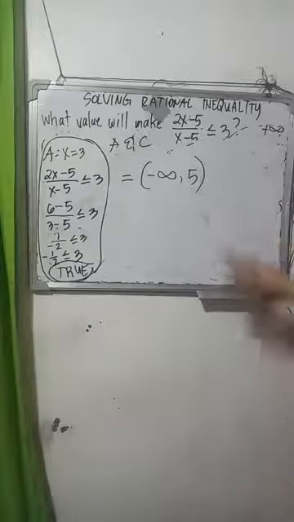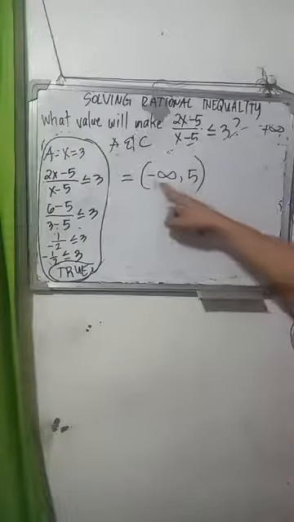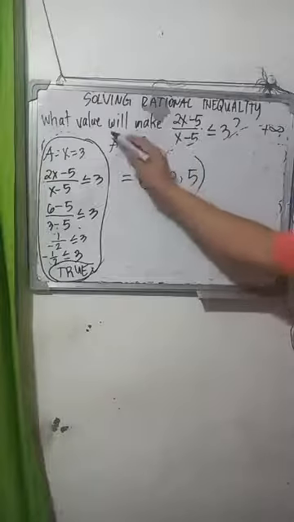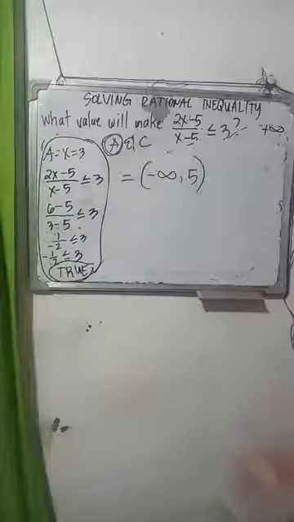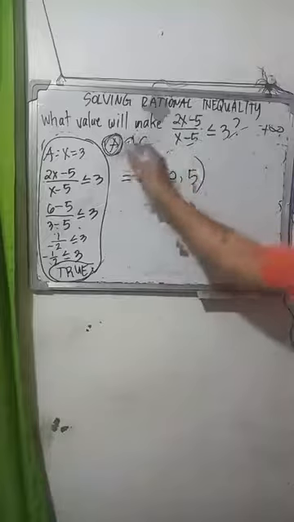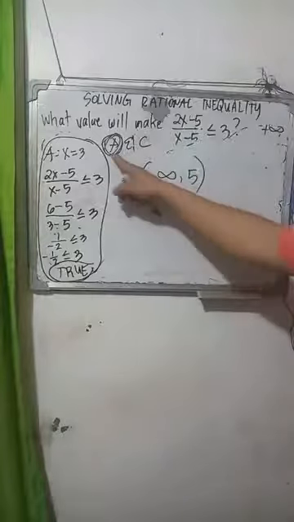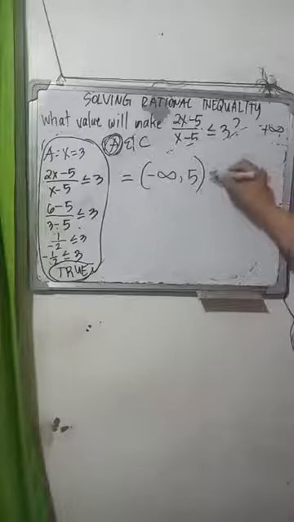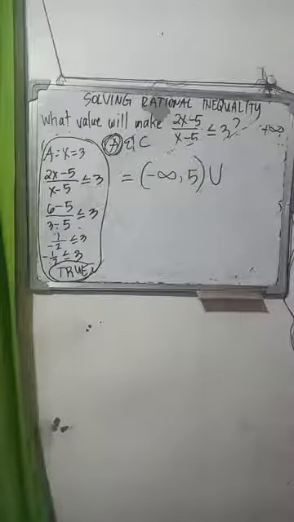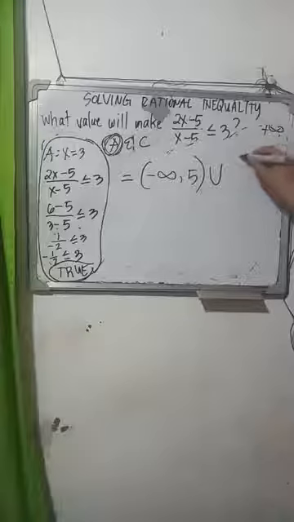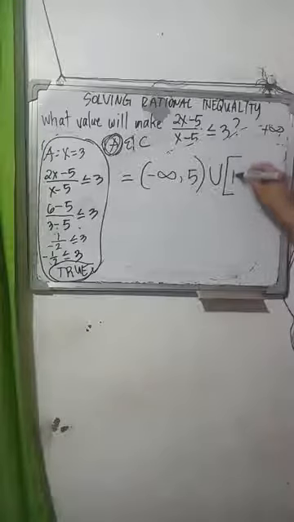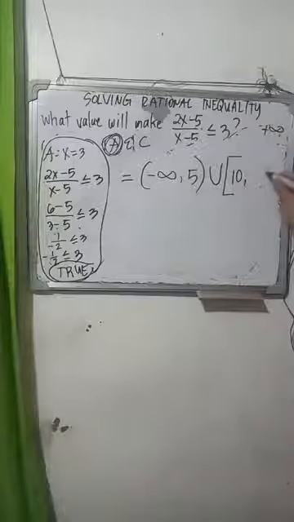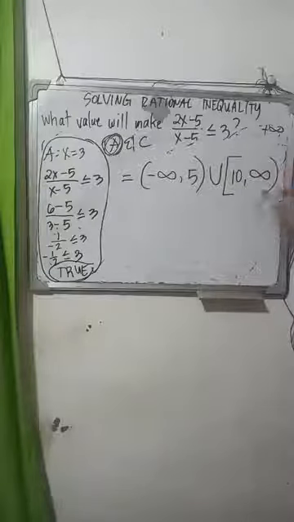This one, negative infinite numbers to 5, that belongs to interval A. Any numbers belong to interval A that is part of the solution. Union. We will use bracket positive 10 to positive infinite numbers.